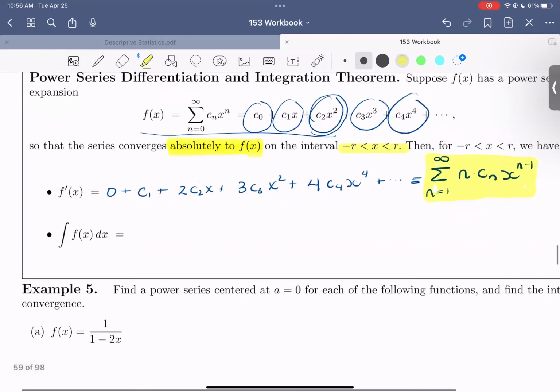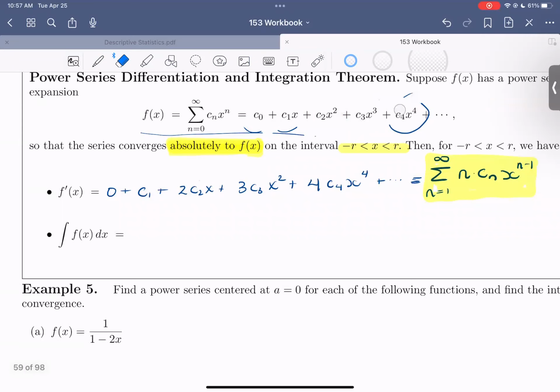Similarly with the integral, we're able to integrate each term. When we compute an integral of such a function, with a power series that converges absolutely on some interval, we compute it by taking the integral, or antiderivative, of each term. So what does that look like?